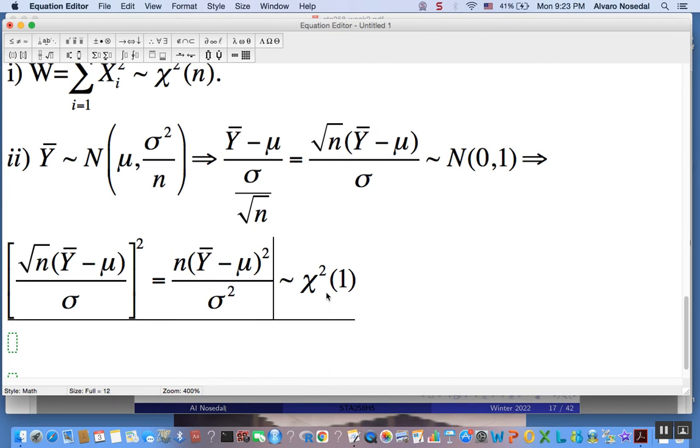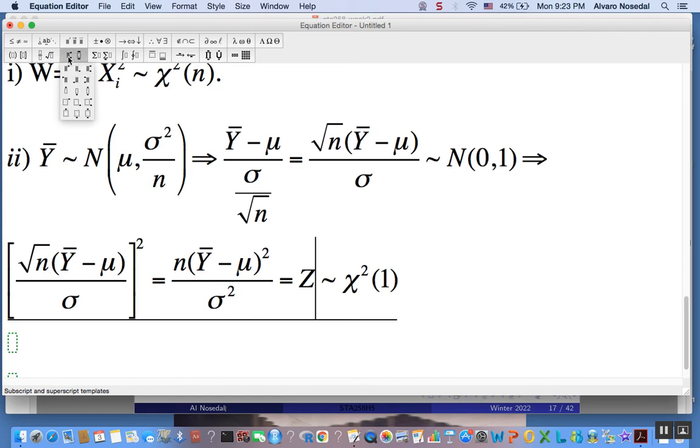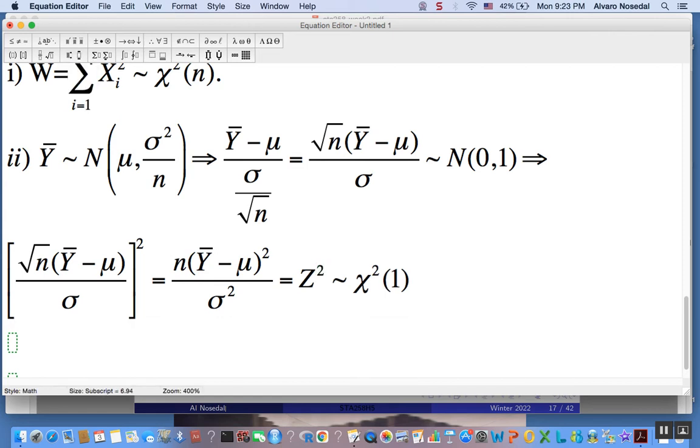Okay. So let me refer to this guy as c squared. Is that okay? We will refer to this guy as c squared. So let's rewrite hashtag.